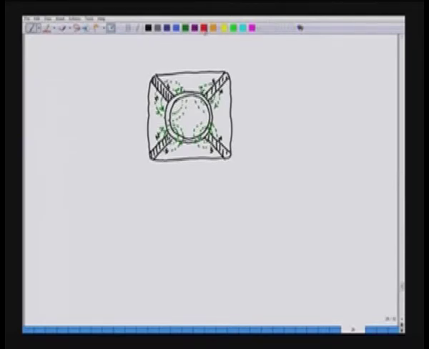So, ultimately we have here 2 south poles and 2 north poles. This is a south pole, and this is also a south pole because the flux is entering. Here we have a north pole because the flux is going out. Here also we have a north pole.